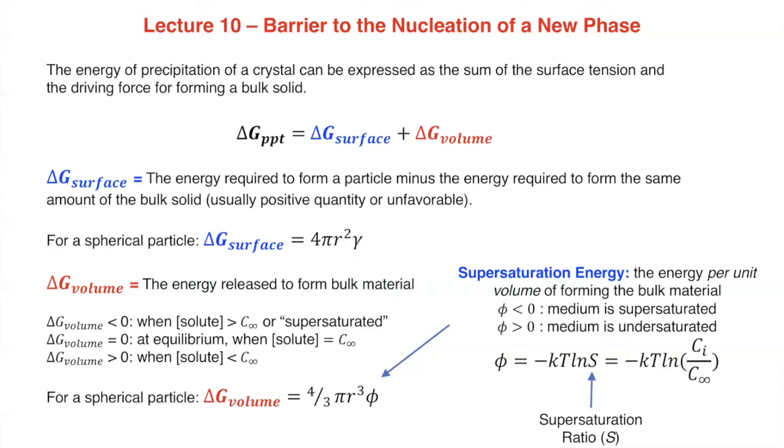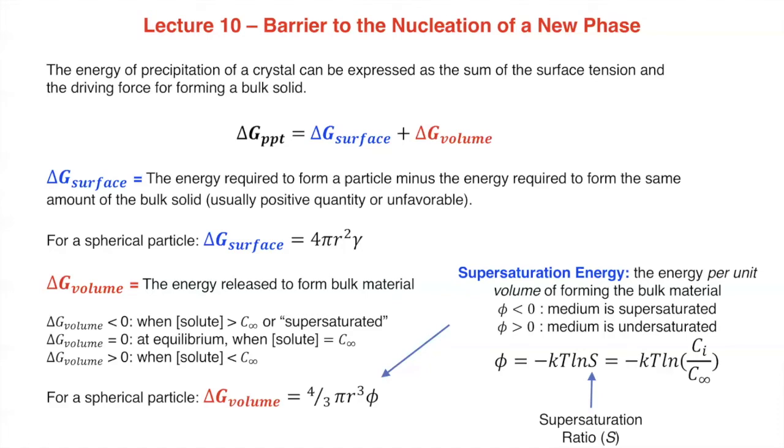And then there's the energy of forming the same amount, or the volume of the sphere that you're interested in. So the volume term is the energy released to form this quantity of material in bulk, so not considering the surface, okay? And when a solution is supersaturated, there is a driving force for this precipitation to occur, ignoring surface terms.